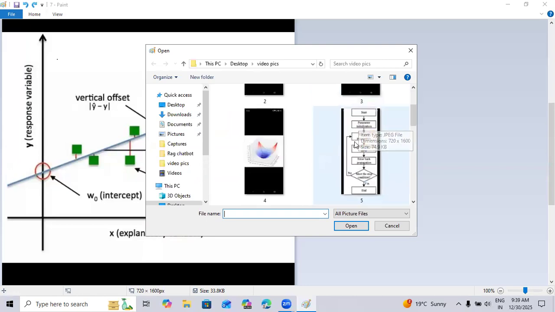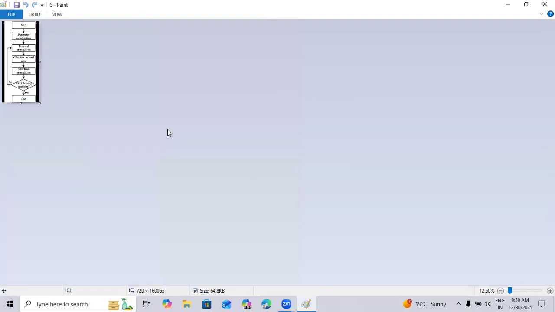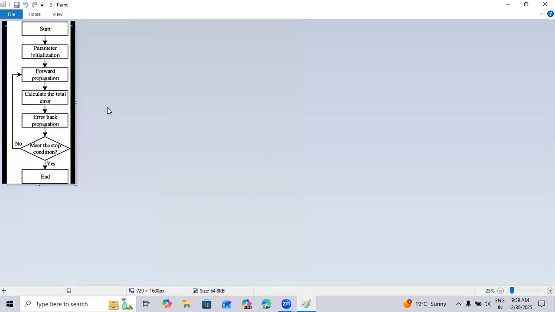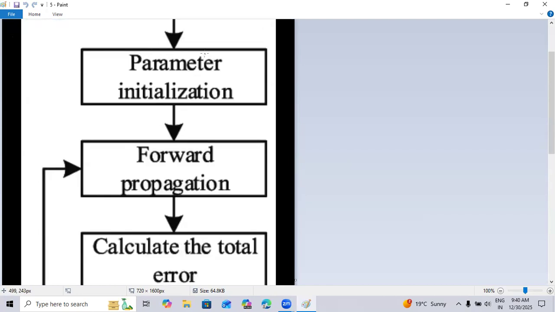This shows how it works. First we start, and next we do parameter initialization.